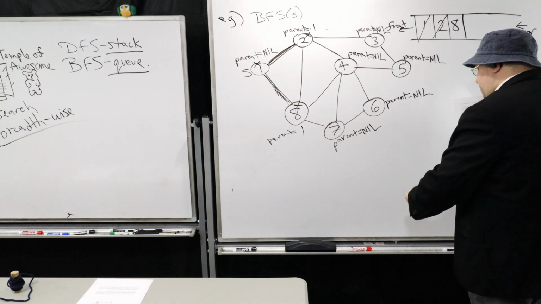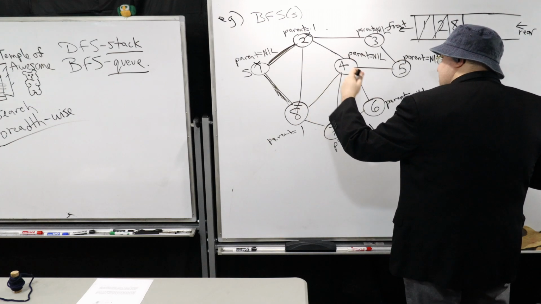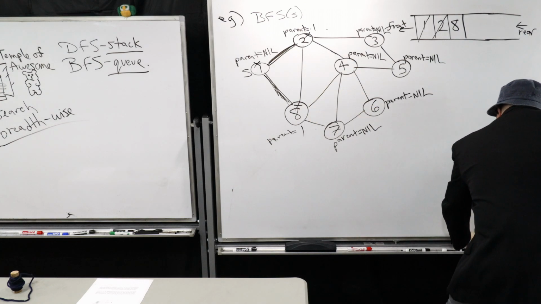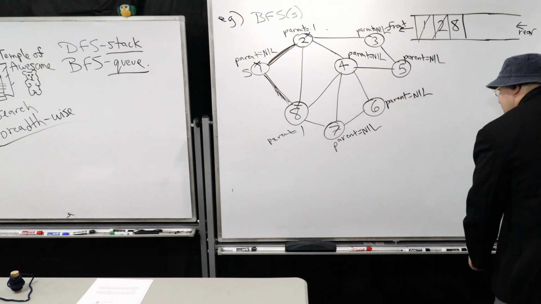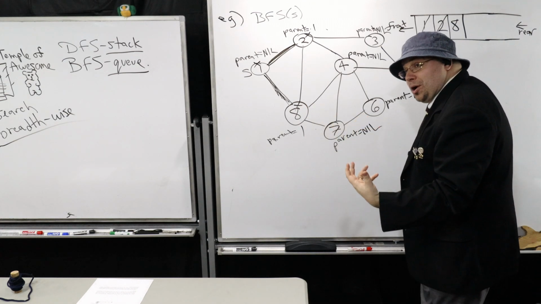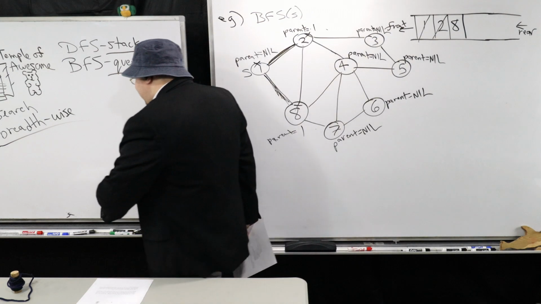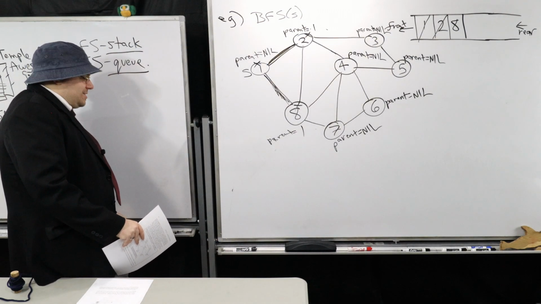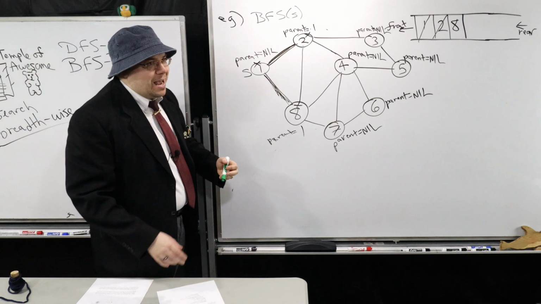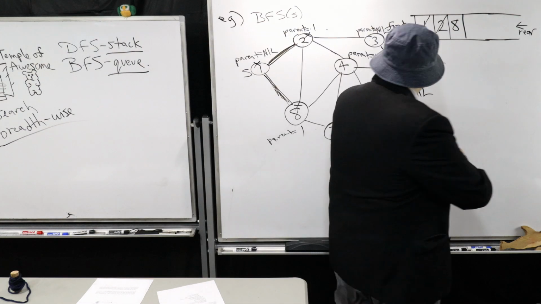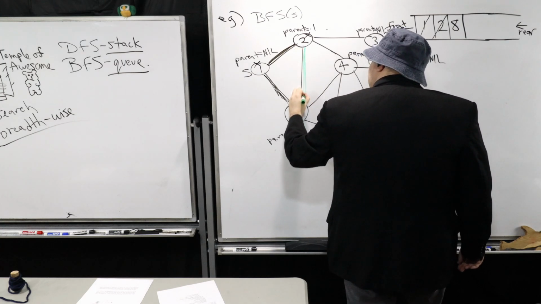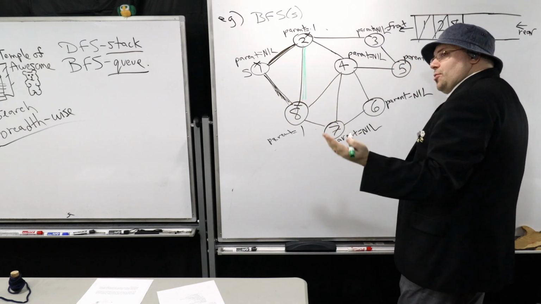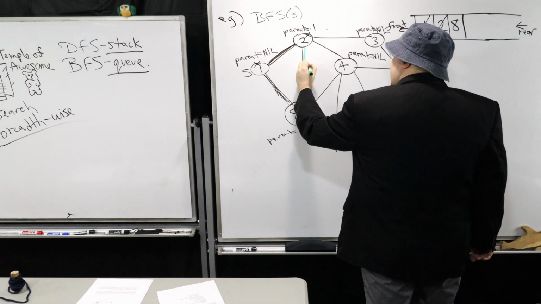So I'm going to start off by considering this edge, just for the sake of discussion. One thing you should notice very quickly is that the opposing endpoint is already marked. Now, you might say, Dan, that means it's a back edge. But in BFS, we actually have a different name for these. I'm going to color these edges green. These green edges are called cross edges.